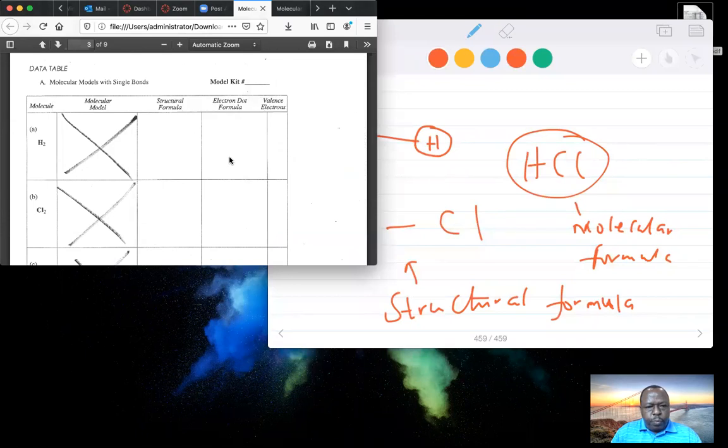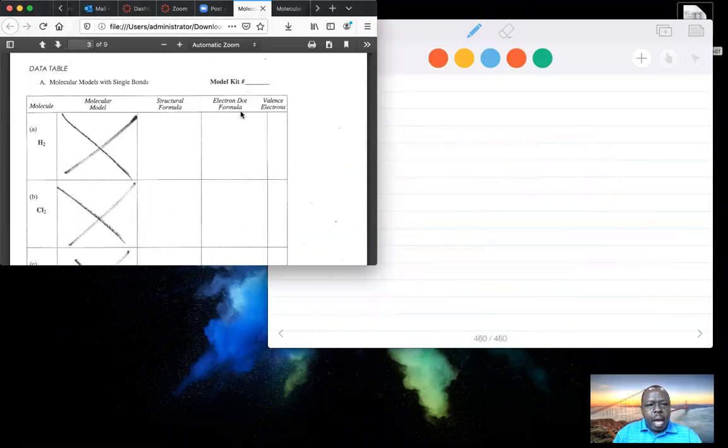Any question before I walk you through the last part, how to go about the electron dot formula for a compound? No question. Thank you, Angela. Please have a pen and write notes, because I'm going to summarize. I'm going to give you about 6 rules you'll apply in coming up with the electron dot formula. These are the rules, all right?